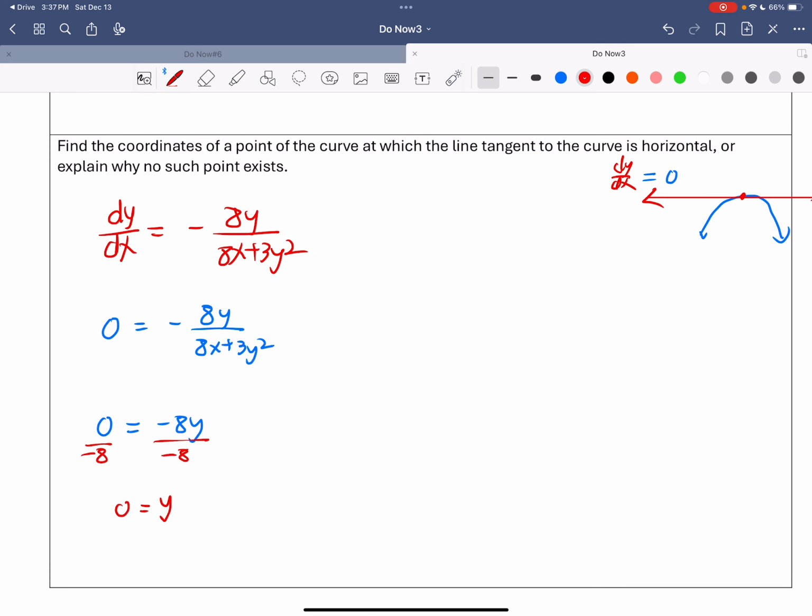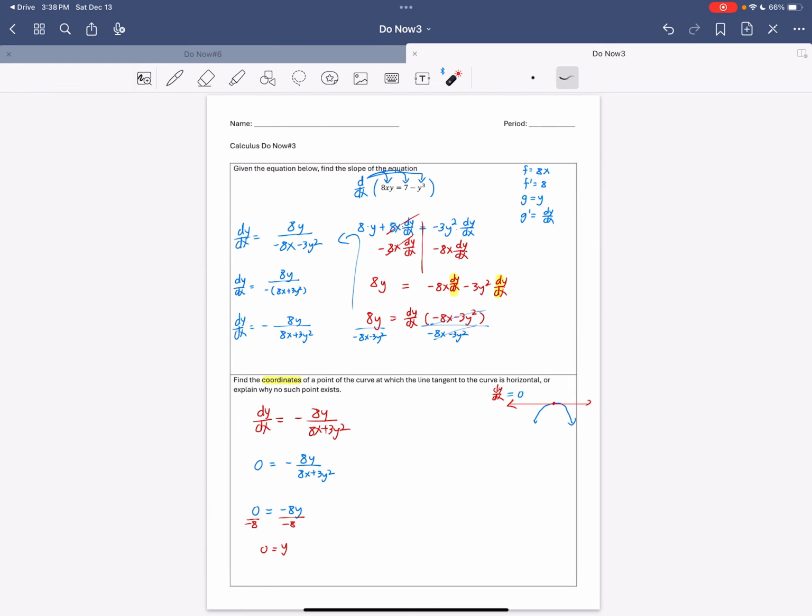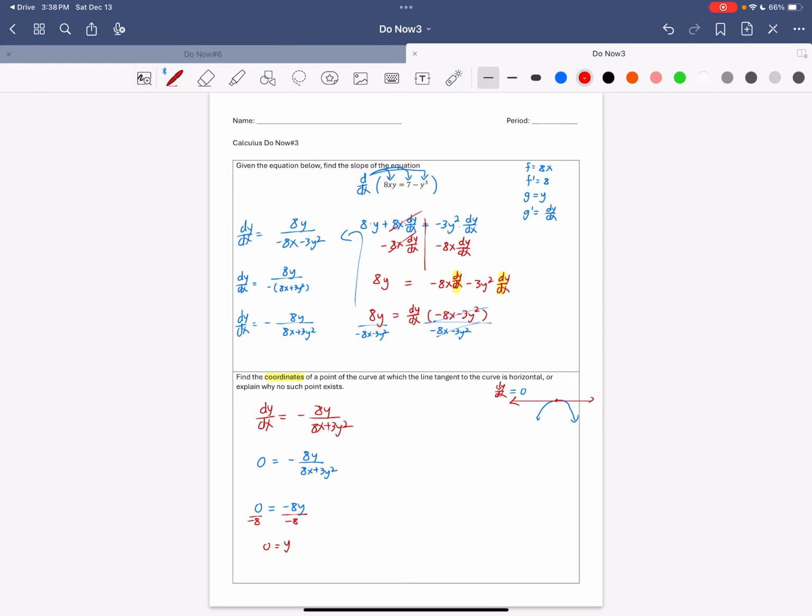So if you read the question carefully, we are trying to find the coordinate, that specific point where we are going to have a zero slope. And we got the y value. But a coordinate is x comma y. So I've got to find the x value. So what I'm going to do is plug this value into our original function, which is this.